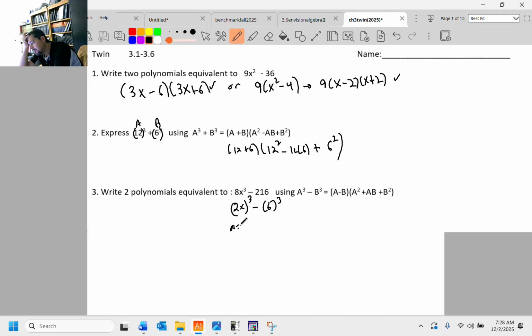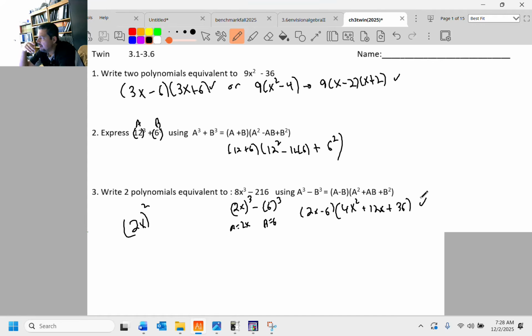So a is going to be 2x and b is going to be 6. So let's just plug in my little formula here. A minus b, 2x minus 6. A squared, if you square a 2x, remember it's 2x all squared, you get 4x squared, plus ab, 2x times 6 is 12x, plus 6 squared, 36. So there's one of them I'm looking for.